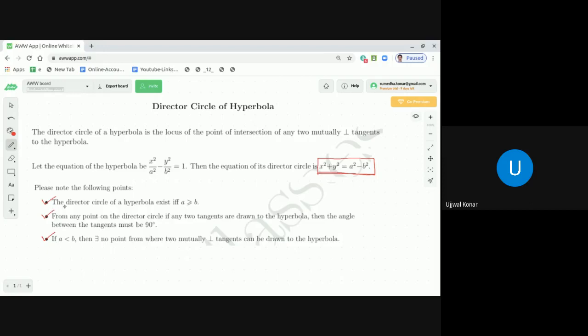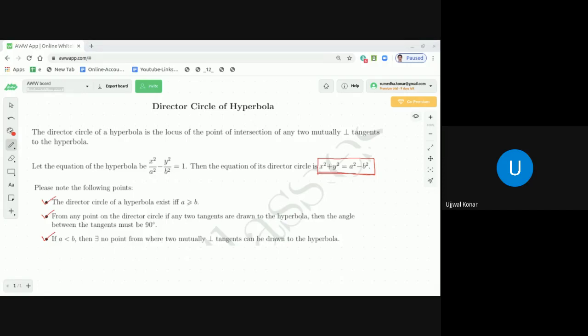When a is less than b, we cannot construct any director circle of a hyperbola, which says that it is not possible to find a point from where two mutually perpendicular tangents can be drawn to the hyperbola. So this is the third point as far as the director circle of hyperbola is concerned.